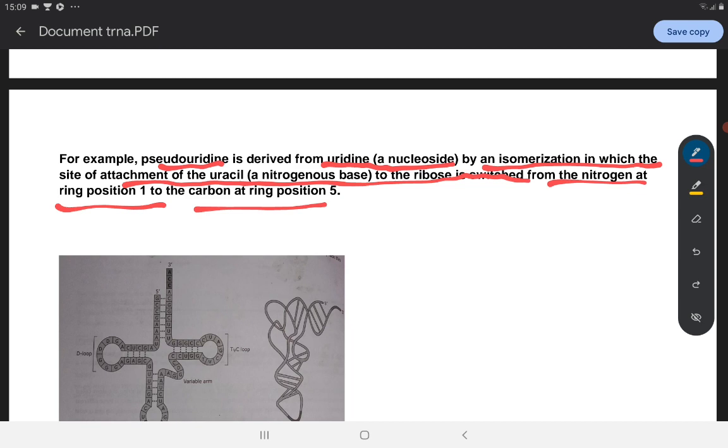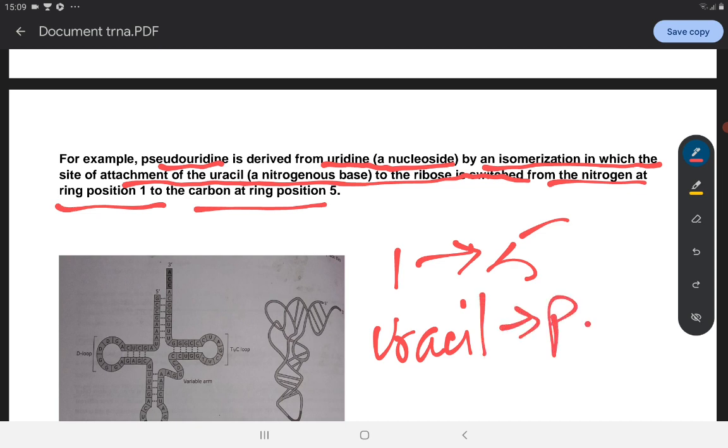So the position of the nitrogenous base attachment is changed from 1 to 5 to convert uracil into pseudouridine. Right? So this is a post-transcriptional modification, right?